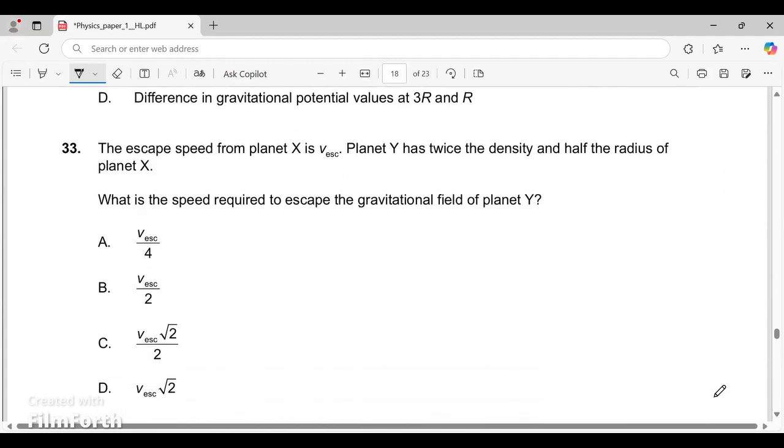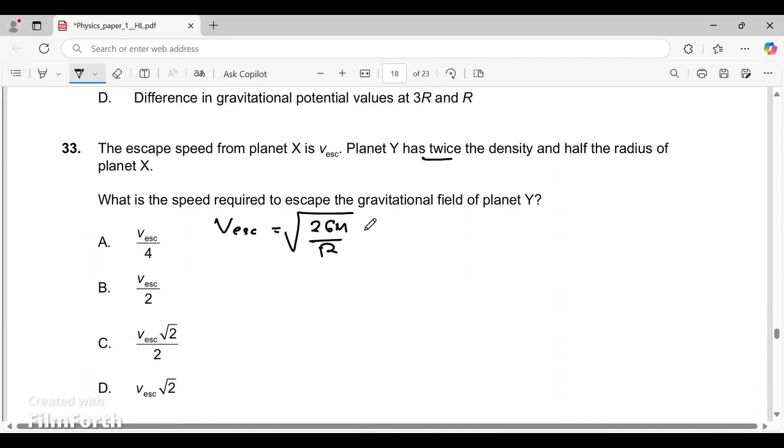33. The escape speed from planet X is v escape. Planet Y has twice the density and half the radius of planet X. What is the speed required to escape the gravitational field of planet Y? We will use the formula for the escape velocity, v escape equals square root of 2GM over r.